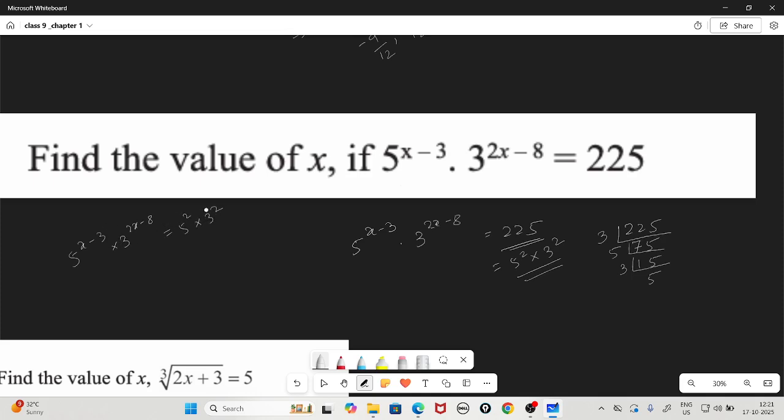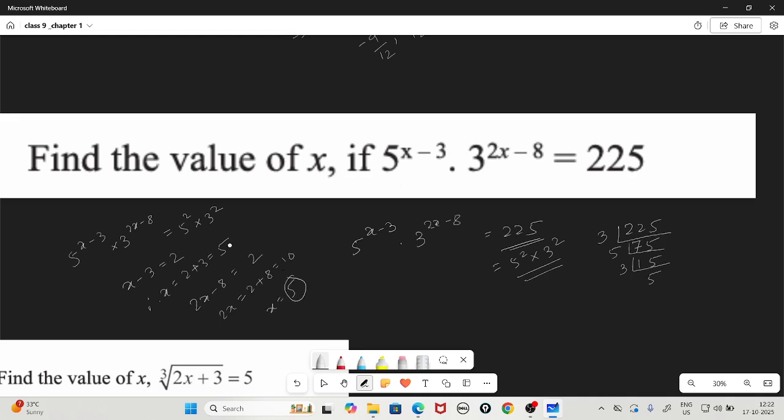Now as these two terms are equivalent, we can say either x minus 3 is equal to 2, therefore x is equal to 2 plus 3, which is 5, or we can say 2x minus 8 is equal to 2, which is also 2x equal to 2 plus 8, which is 10. So x is equal to 5.